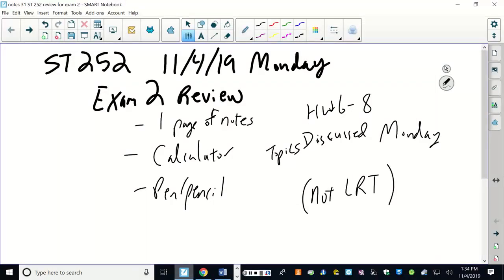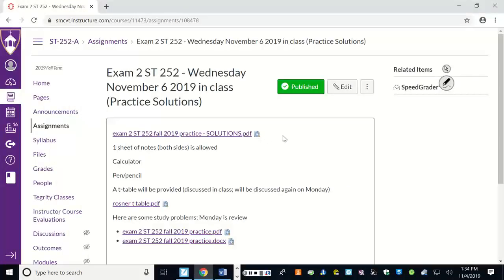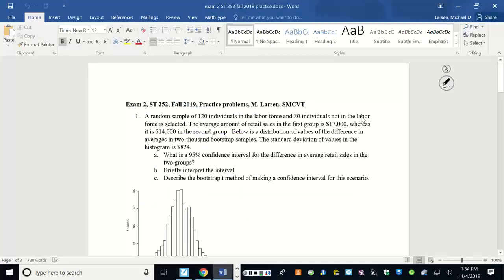So let's look at some of the problems that are on there. Let's see, where is that? It's the Word document. Oh, those are the problems. So the first one: random sample, 120 individuals in the labor force, 80 not.